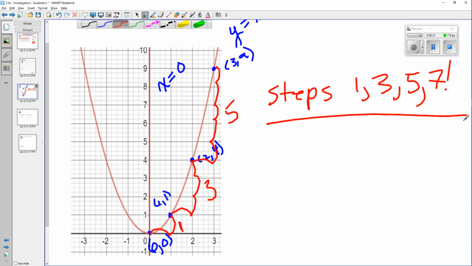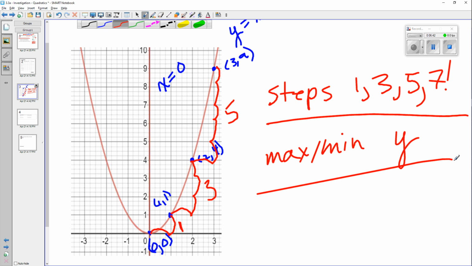Now, we know that this graph is a positive parabola, right? Another way to say this is that this graph is opening up. Now, when we talk about whether something is a maximum or minimum, the max or the min always refers to the y value of our parabola.